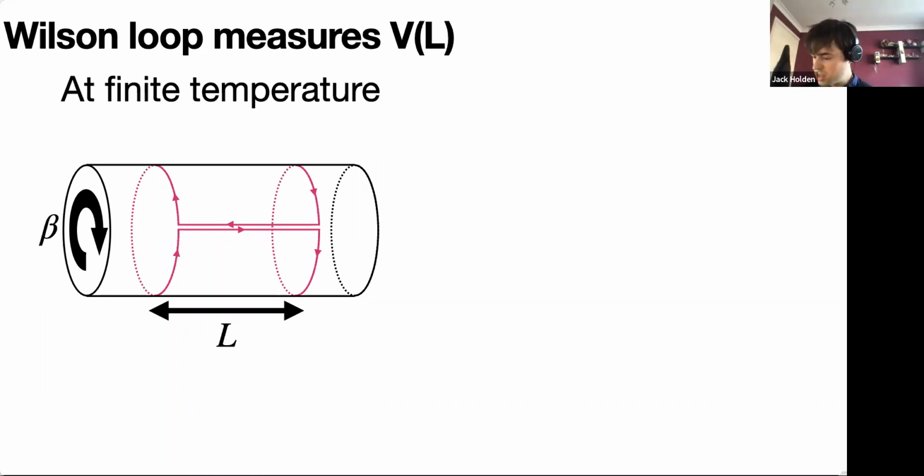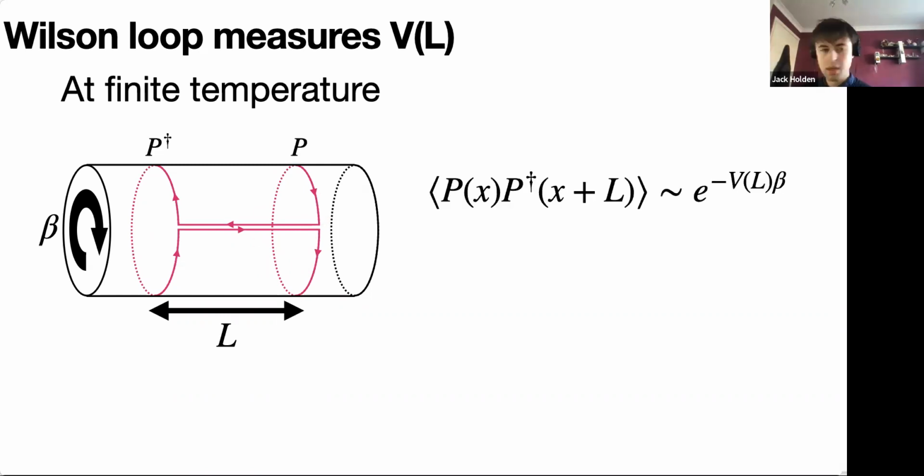These loops go around the whole temperature direction, and so they can be thought of as an insertion of quarks held at a constant point in space and separated by a distance L. If we think of the operators, the operator P dagger creating a quark and P an antiquark, we can then measure the correlator of these two loops, which measures the potential between the quark-antiquark pair.